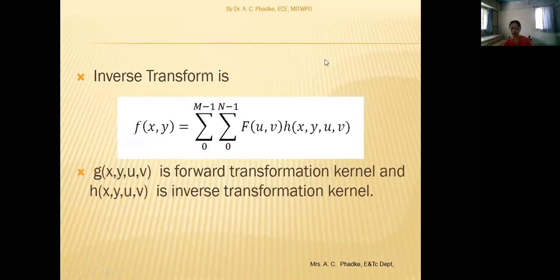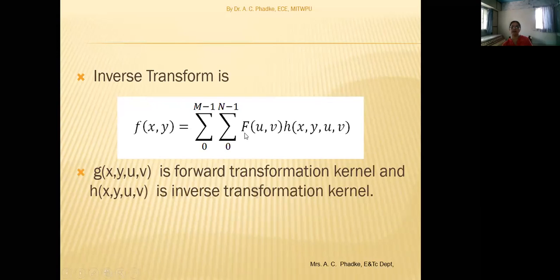Now like forward transform, we can also apply inverse transform on the image transform F(u,v). F(u,v) is the transform of the image, and we can apply inverse transformation kernel h(x,y,u,v) to reconstruct the original image f(x,y).